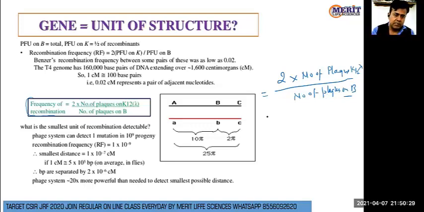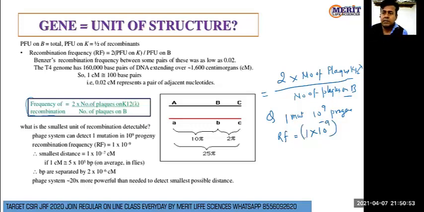So what is the smallest unit of recombination detectable? Suppose one mutation is there in 10 power 9 progeny. They can ask such questions too. Suppose there is one mutation in 10 power 9 progeny. So what will be the RF value?